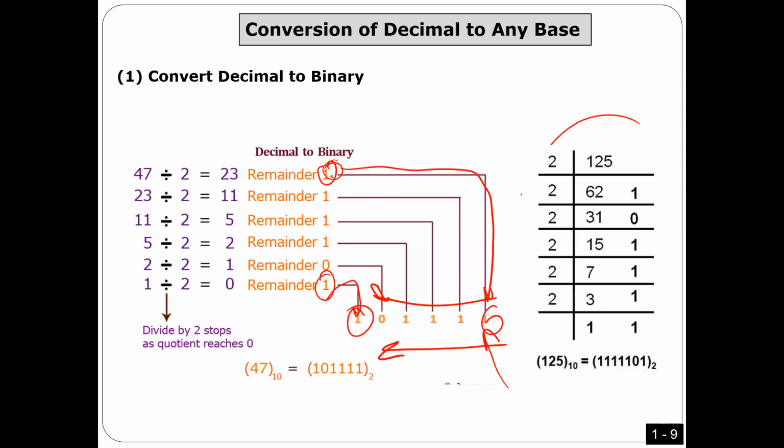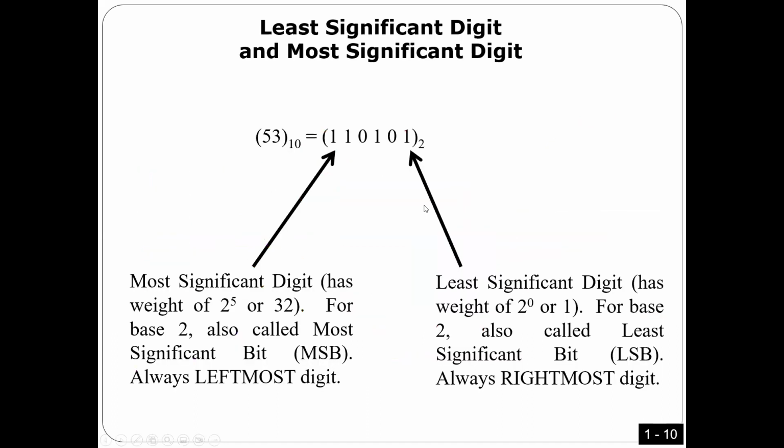Okay, I give you another example here, so you can just see how we made it. You can practice. Okay, so here I just want to make a definition, because we are going to use this definition all the time. We use the definition least significant digit, or sometimes we call it least significant bit. In case of binary, we call it least significant bit, most significant bit, or digit, whatever.